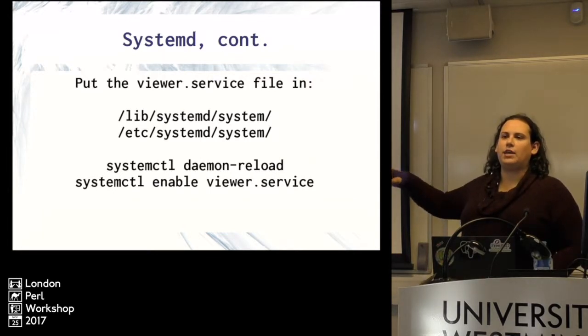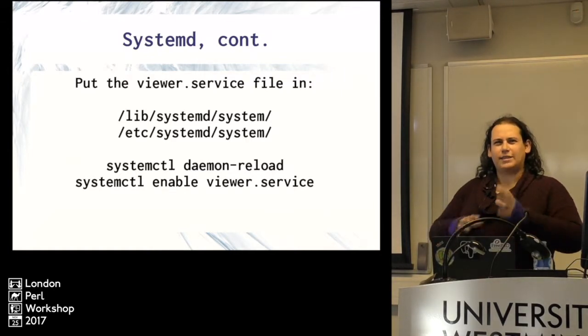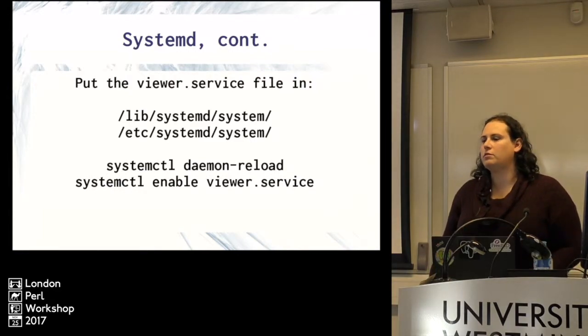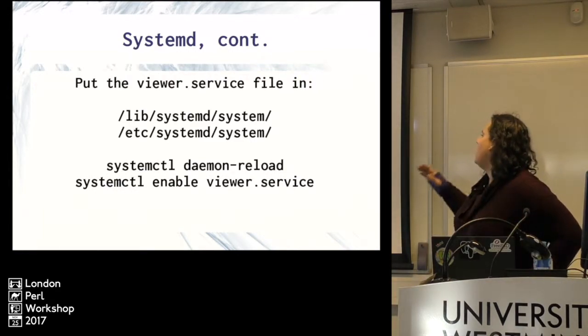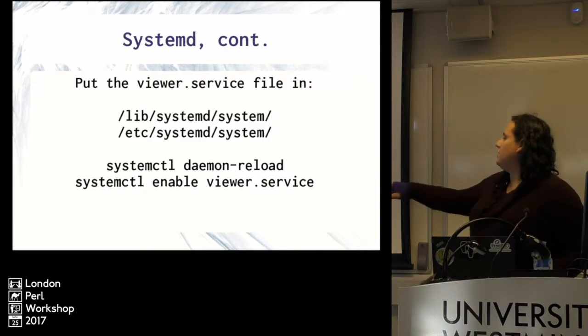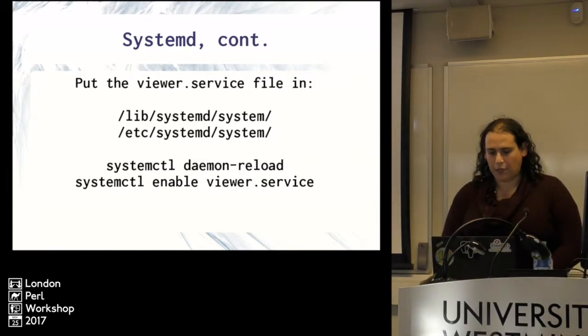You can put stuff in your home directory too and start things that way, but that gets into some weirdnesses that I didn't think I had time to go into, especially since I have a minute left. systemctl enable is key for it coming up on reboot.